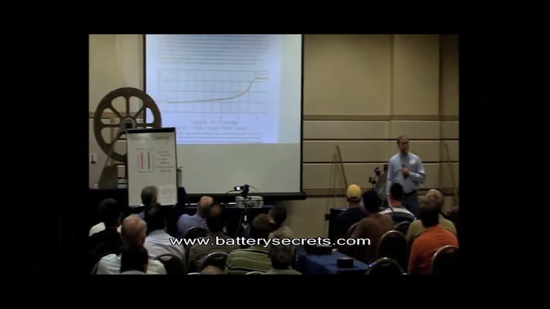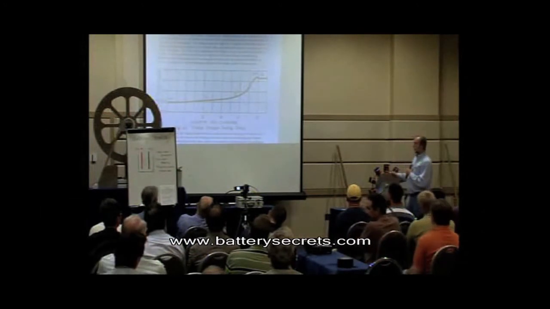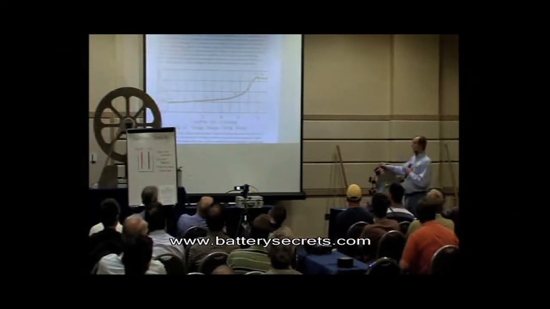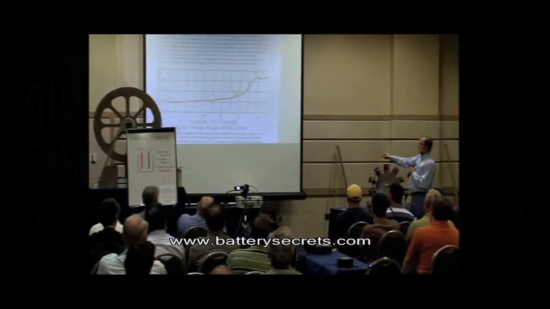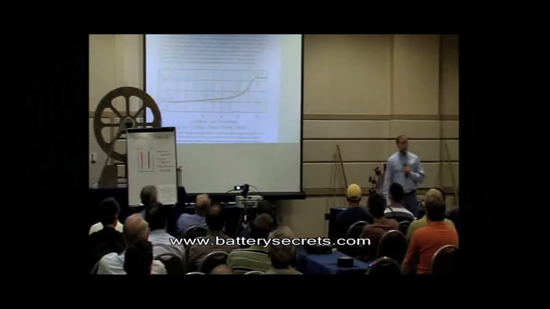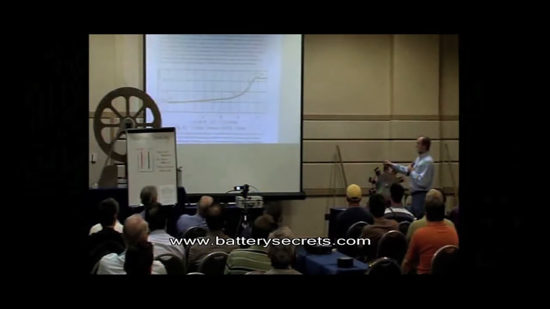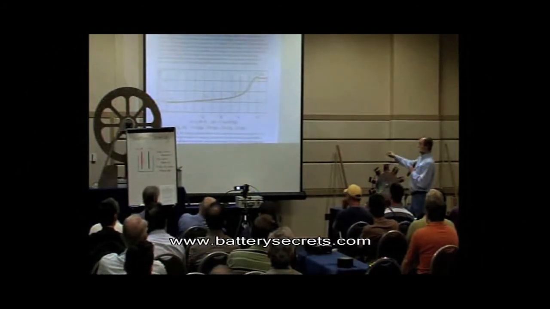And we were happy. On Tuesday, the charge diagram got to here and went almost straight up and finished there an hour before. Wednesday, same thing. Thursday, same thing. Friday, same thing.